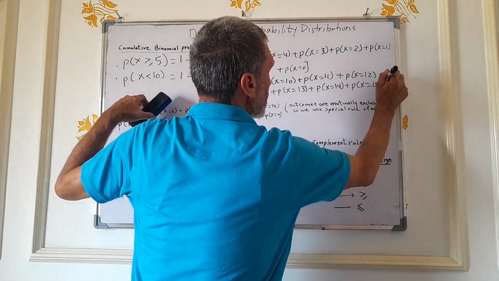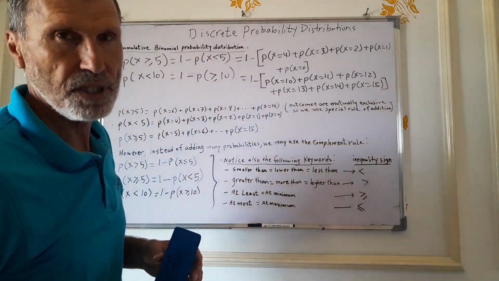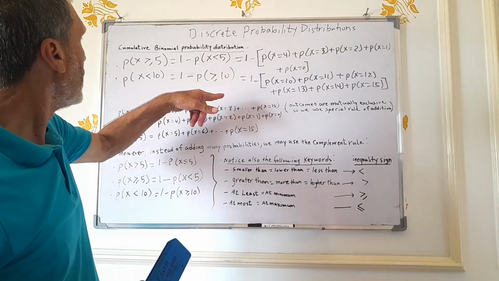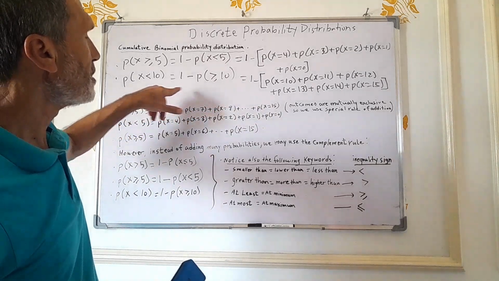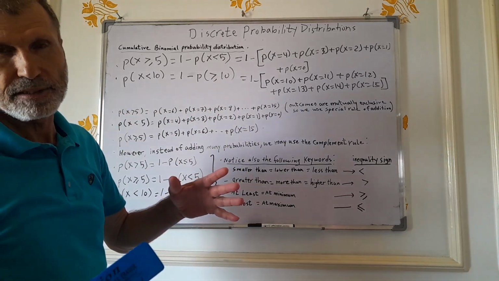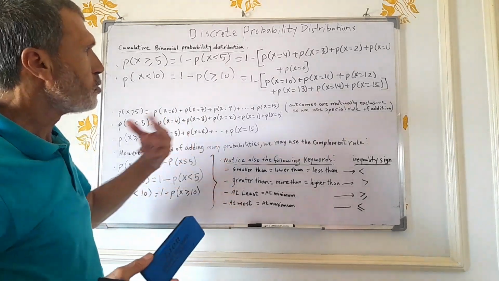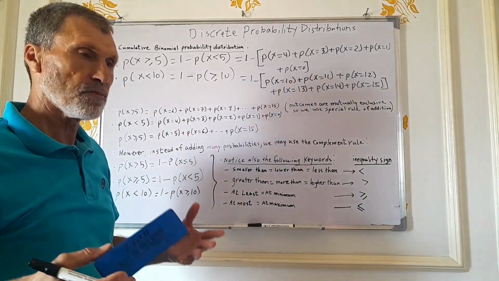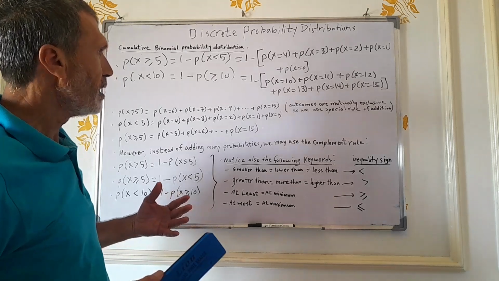Okay, assuming that we have 15 trials. So as you can see here, we make it simpler, easier and faster to calculate the sum of probabilities if we use the complement.